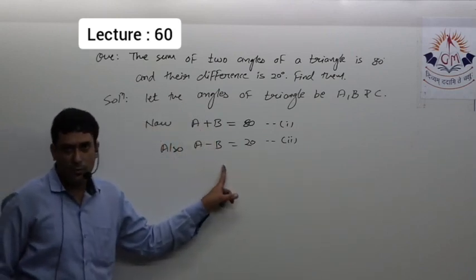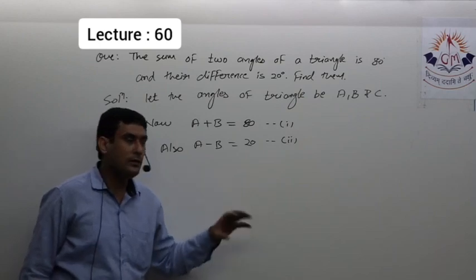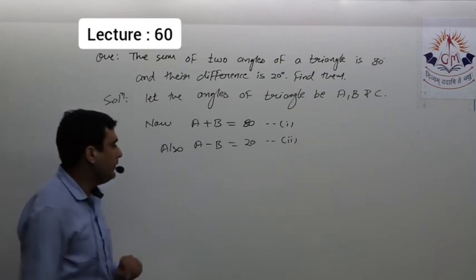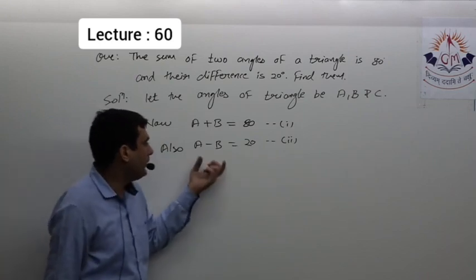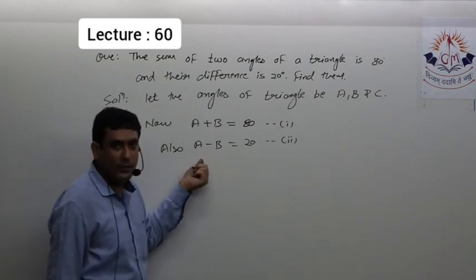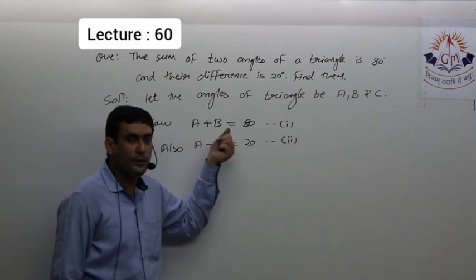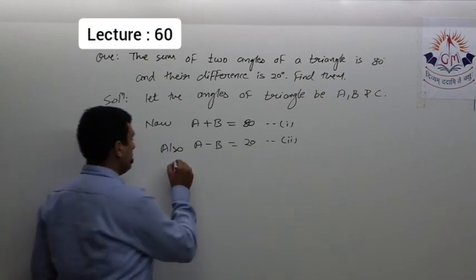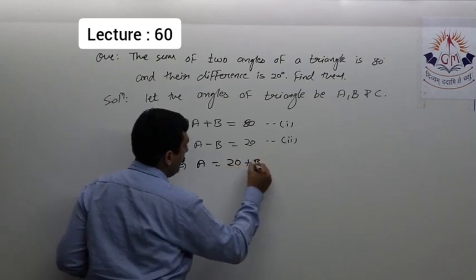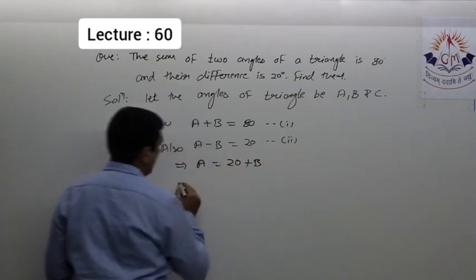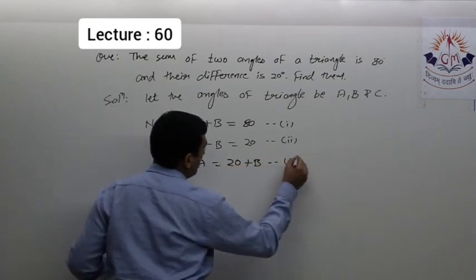Now how to solve, that we already saw in the chapter, that is linear equation in one variable. How can we solve it? There are more than one method. Simply get the value of one variable from any one equation, put it into the another. So here I can write A is equal to 20 plus B. Let it be third.